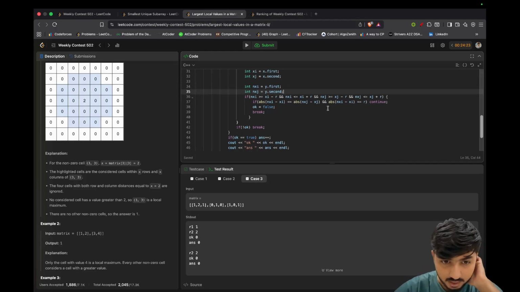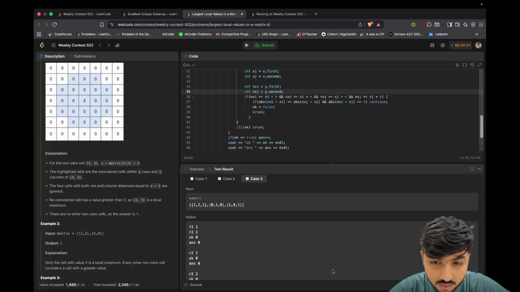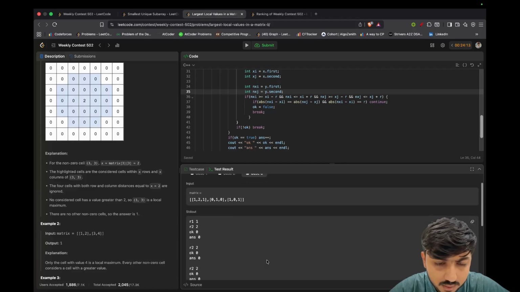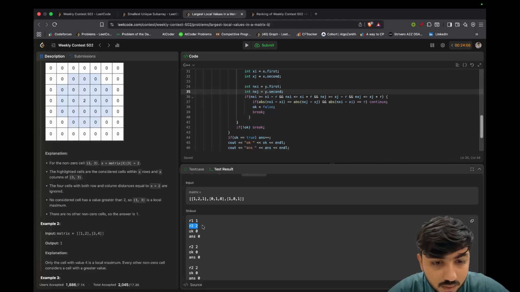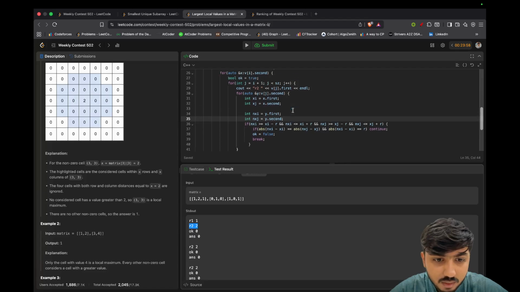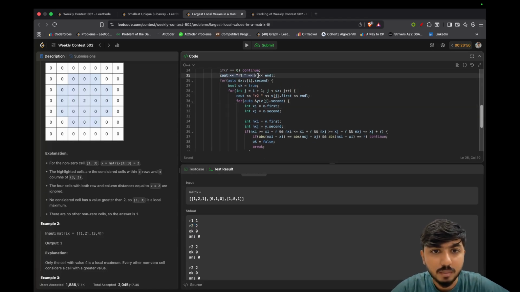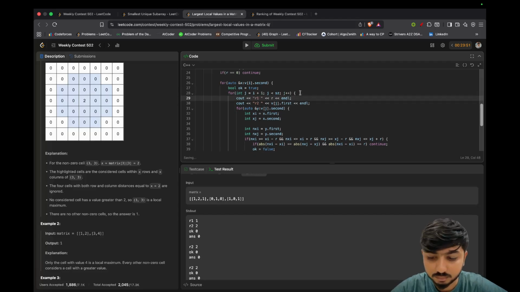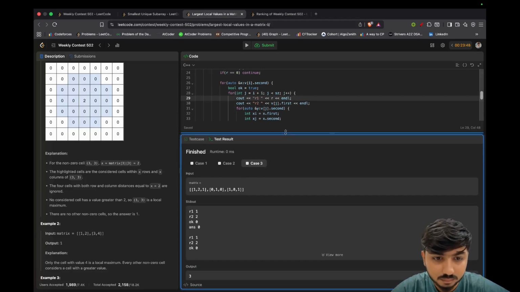So what we did is, let's not print here. Let's print here.